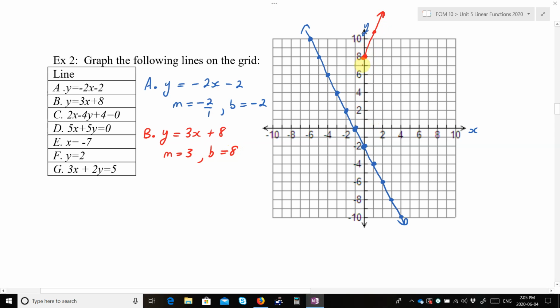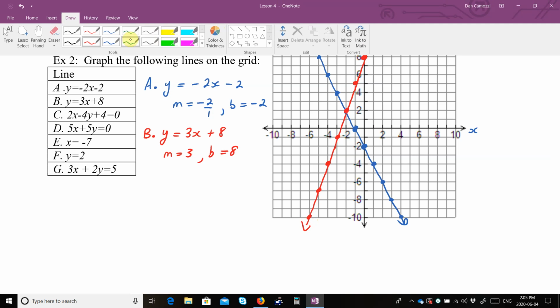So to get the other points the other way, it's down 3, 1 left, down 3, 1 left, and so on. Okay, so there's letter B.